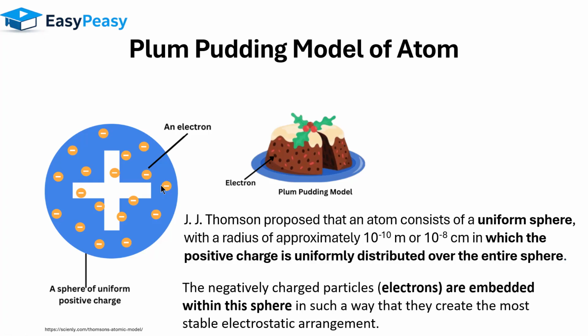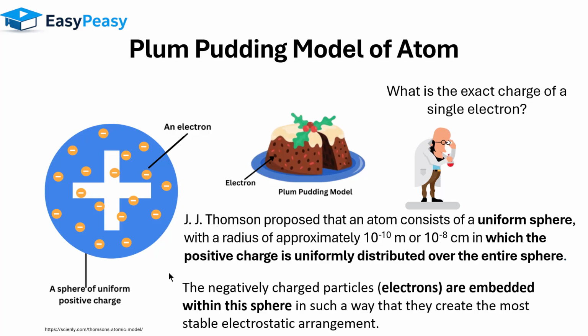And the electrons are the negative particles that are embedded, just like in a plum pudding, within the sphere in such a way that they create a stable electrostatic arrangement, because atoms don't have any charge and electrons have negative charge. At that time, protons were not discovered, so they were just thinking that it's a ball of positive charge on which the electrons are embedded.